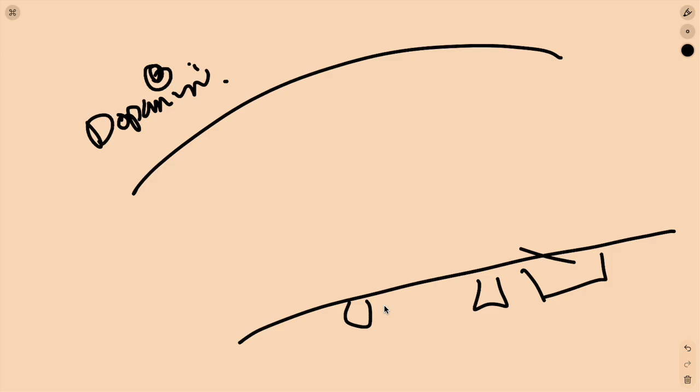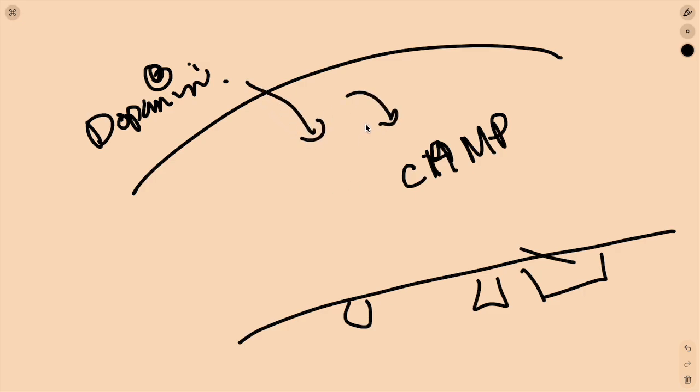And they said, what are some of the molecules that are different in them? And they found that one of the molecules that's different is when dopamine's around, we get cyclic AMP. So they found that pathway to activate it, and they're like, oh, okay, so dopamine's working through a cyclic AMP-dependent pathway in this example.